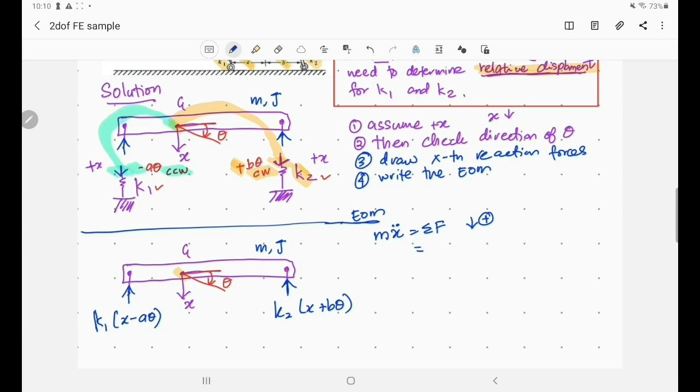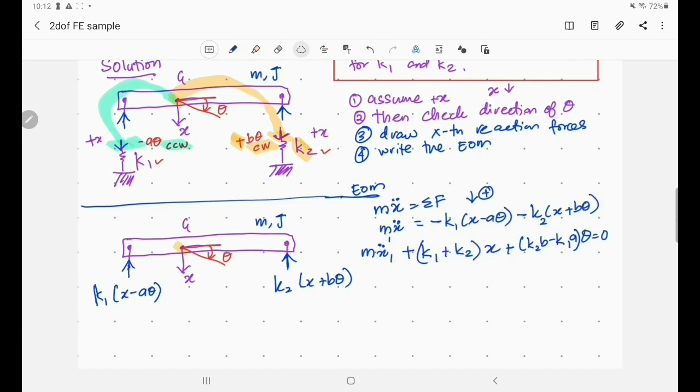So your F is just your K, that is negative because both of them are going up. We know that x is going down, so with arrowheads going up, you get negative. Same for K2, you get negative.